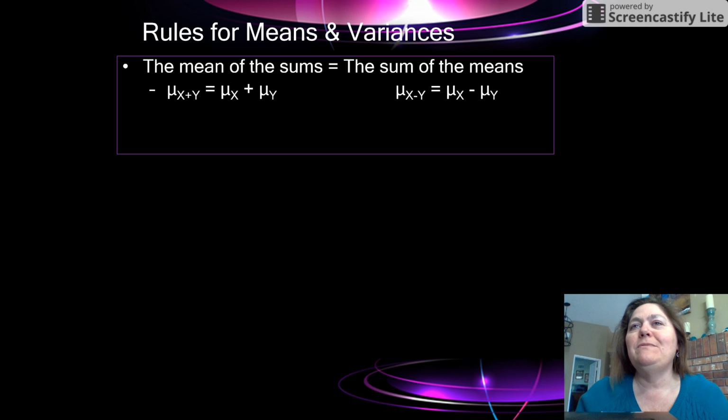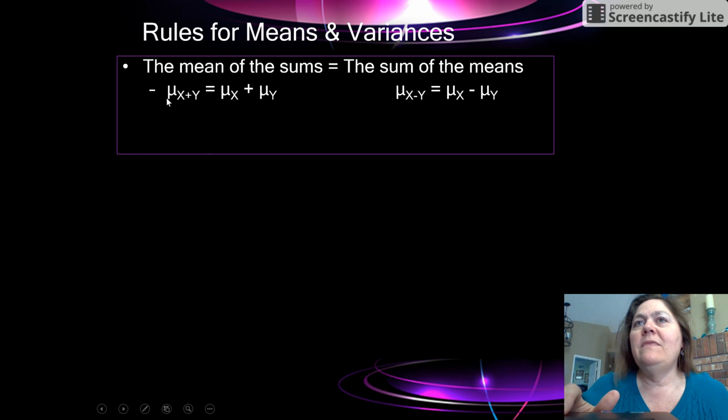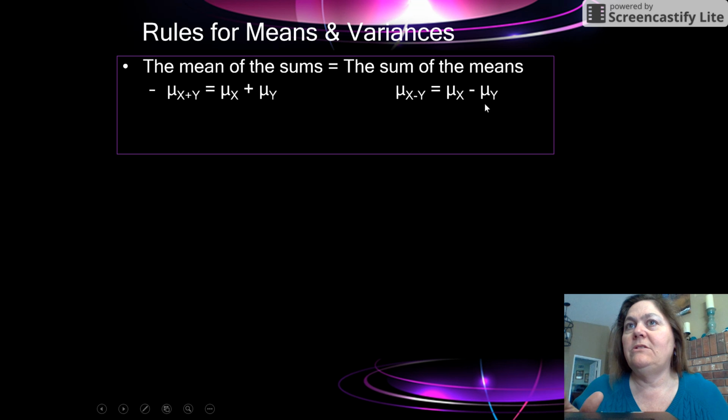I said that backwards, but the mean of the sum of the distributions is the same as taking the mean of each distribution separately and adding them. If you were to subtract two distributions, then the means would also be subtracted to get the mean of the combined.